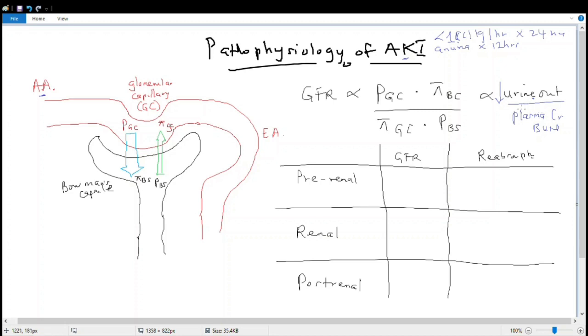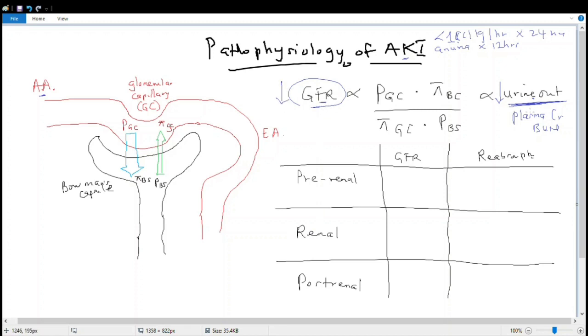As you can see here from the formula I have here, decreased urine output. Urine output is primarily determined by GFR, the glomerular filtration rate, right? Glomerular filtration is one of the first processes that leads to urine formation. Anything that decreases GFR is going to decrease urine output.